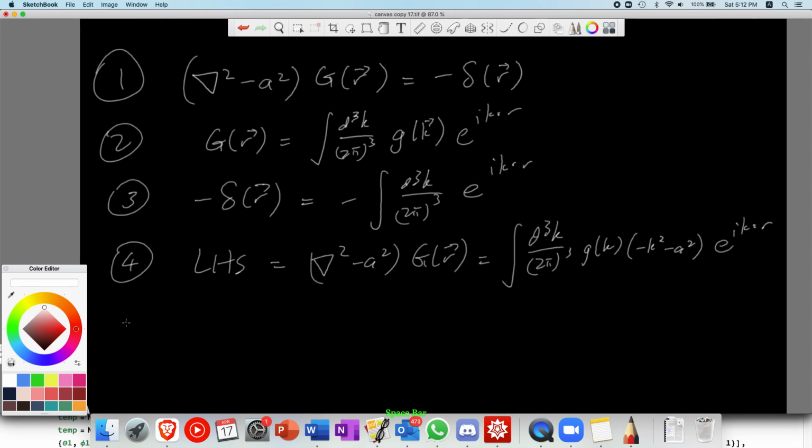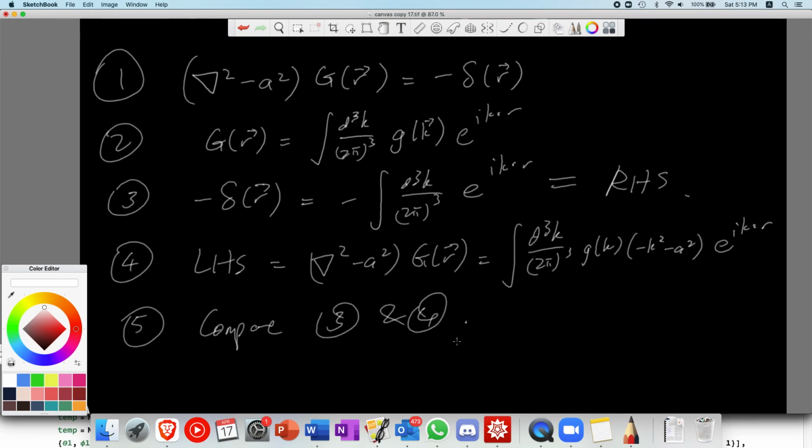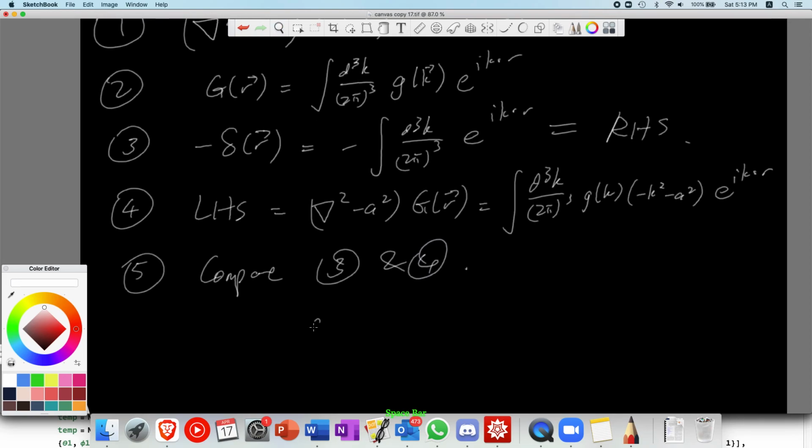Number 3 was the right hand side. So then number 5, we compare steps 3 and 4. Then we obtain that g of k equals 1 over k squared plus a squared, right?